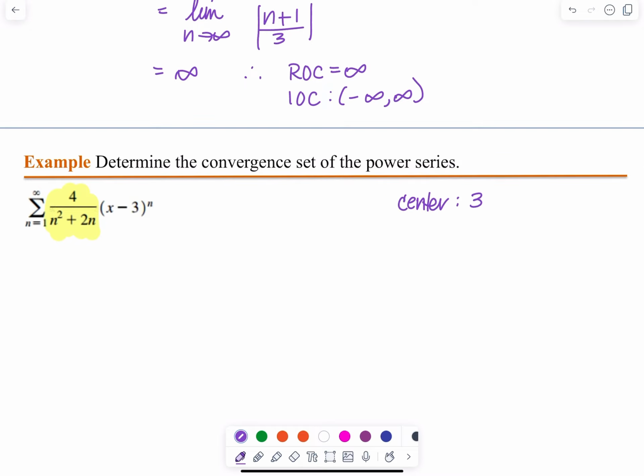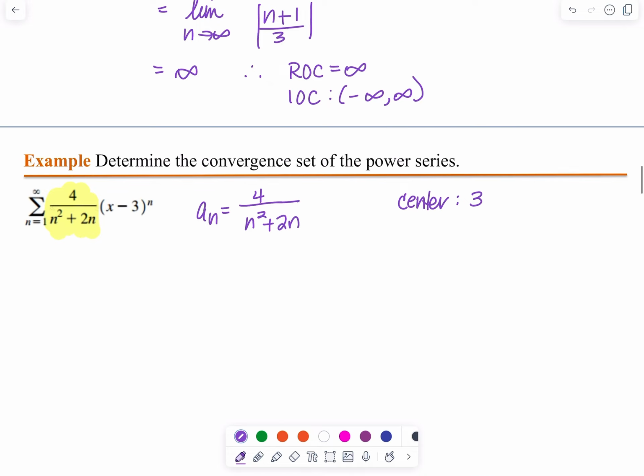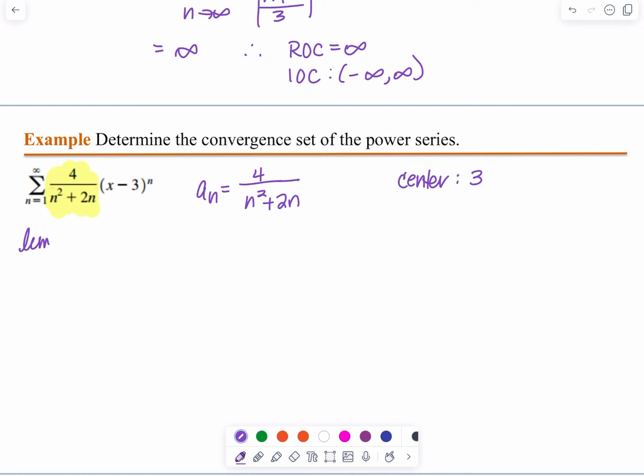Okay, so we see that a sub n is equal to 4 divided by n squared plus 2n. And we're going to take the limit as n approaches infinity of the absolute value of a sub n divided by a sub n plus 1.